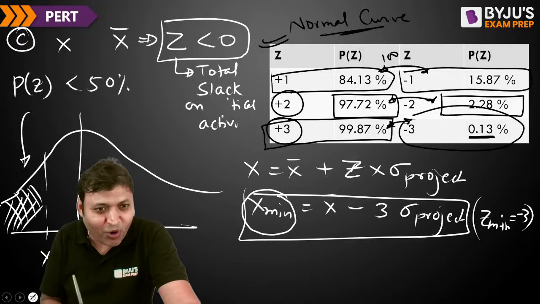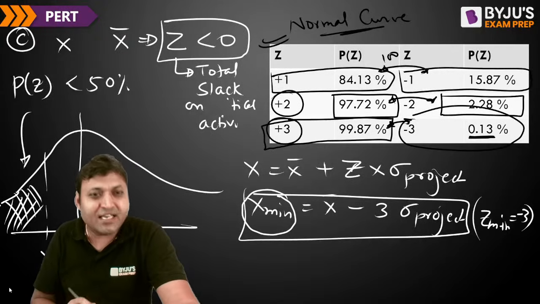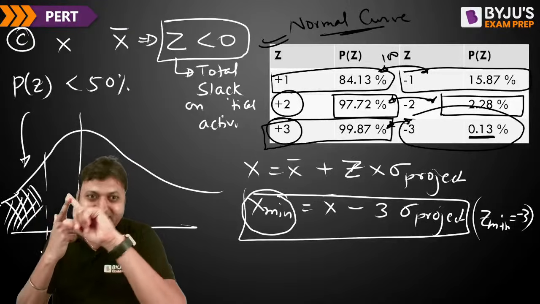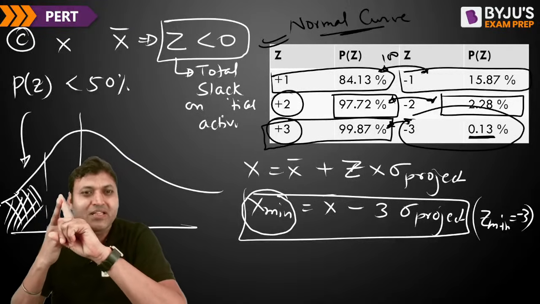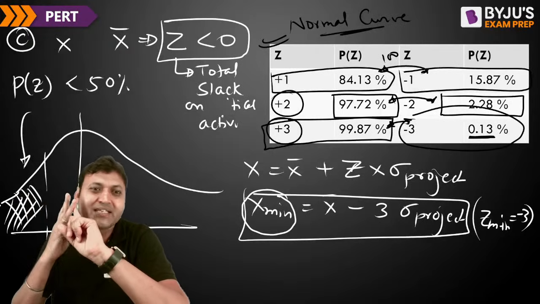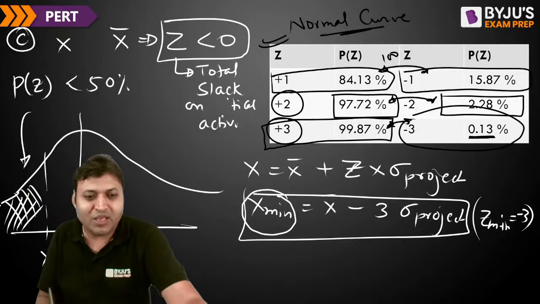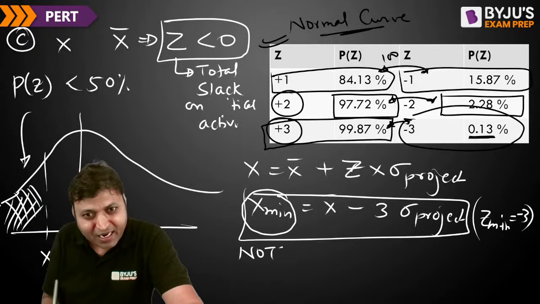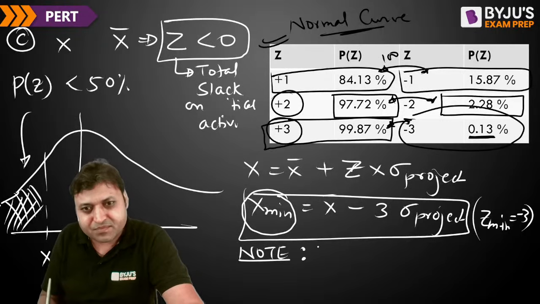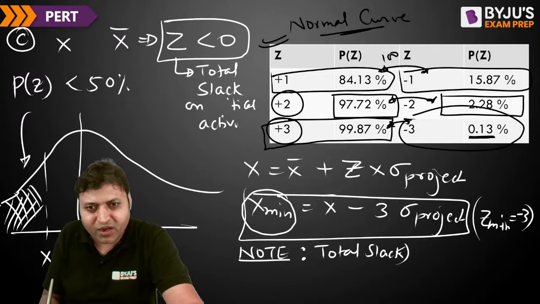The important point here is you can see the total slack on the critical activities can be 0 also. The total slack on the critical activities can be positive also. The total slack on the critical activities can be negative also. So the final point here is that on the critical activities, the total slack is minimum. So we will discuss one question now.